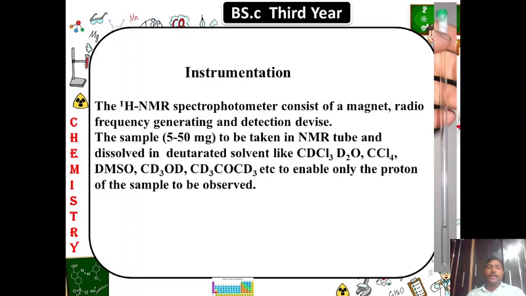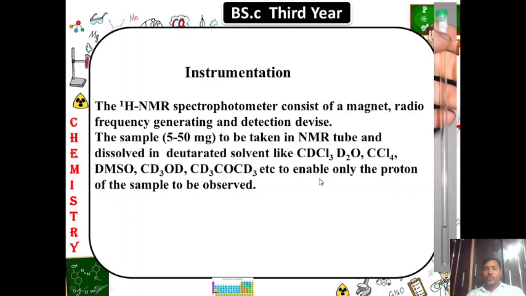Near about 5 milligram to 50 milligram of sample is taken in an NMR tube and dissolved in a deuterated solvent like CDCl3, D2O, CCl4, DMSO, CD3OD, CD3COCD3, etc., to enable only the protons of the sample to be observed.